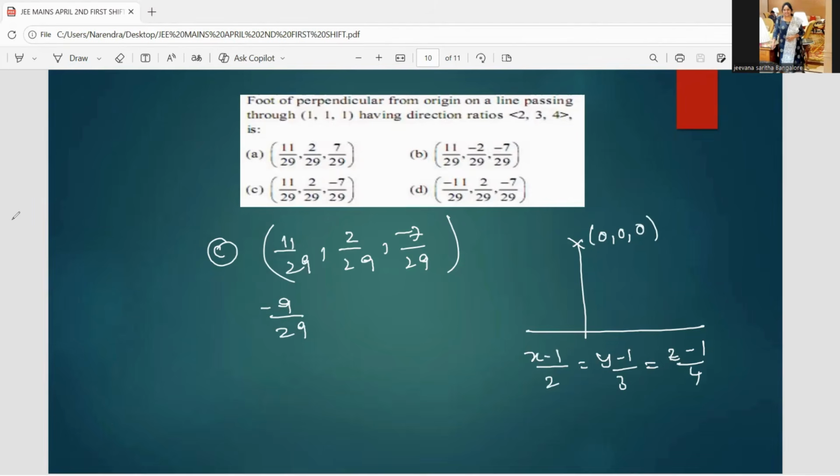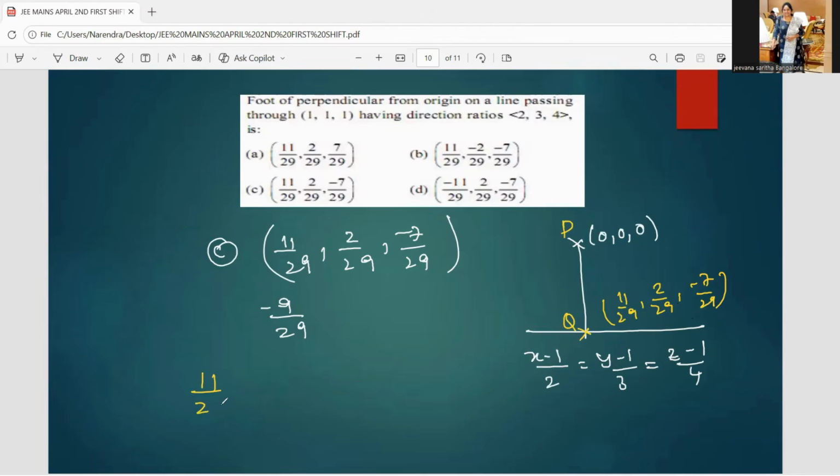And for further verification, if you take this point to be 11 by 29, 2 by 29, minus 7 by 29, the direction ratios of PQ and the line are perpendicular to each other, so their product sum should be equal to 0.